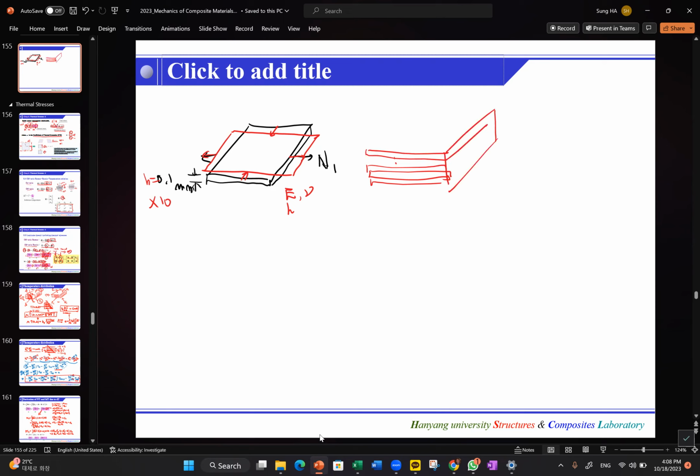But as you can see, this is the same as the steel plates, like the 1 millimeter, because this is 0.1 times 10. It's the same material. In this case, all steel, and this will be the same as the 1 millimeter thick.